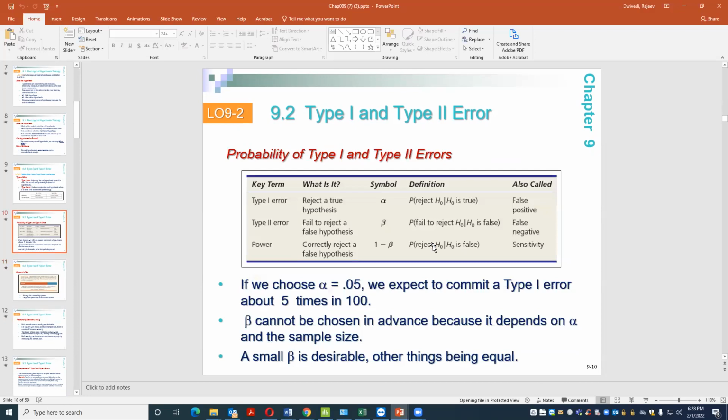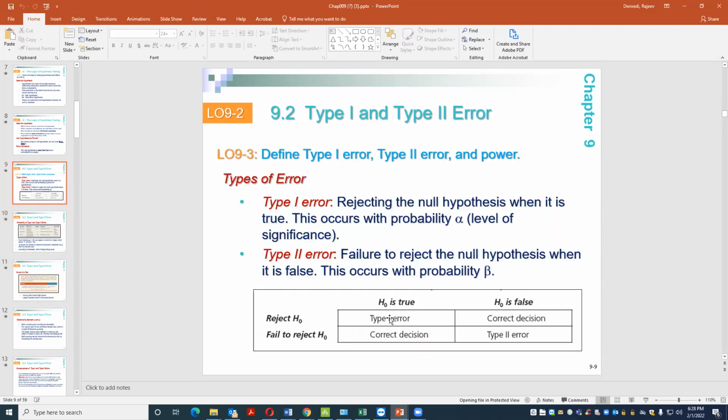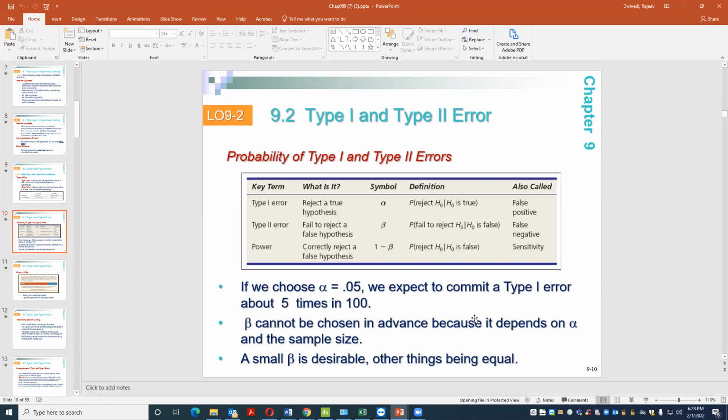Otherwise, we have to go into power calculation and other more complex calculations. Simply understand: the hypothesis is true but you are rejecting, that is type 1 and type 2. I can demonstrate a few examples.